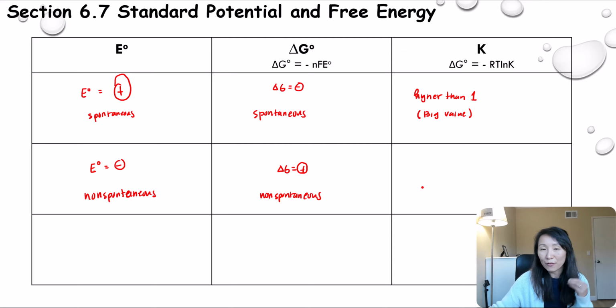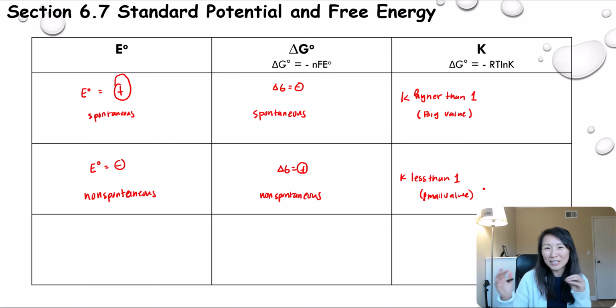What does that mean for K? That means you're going to have a very low value of K, less than 1. Before, K was higher than 1; this one, K, will be less than 1, and most likely it'll be a small value, meaning it doesn't really want to go into completion. They want to stay as reactant.